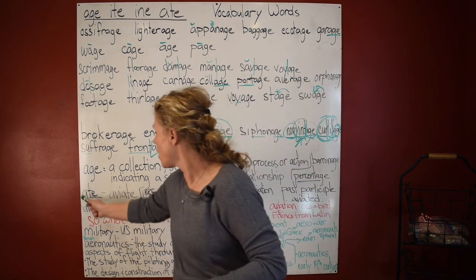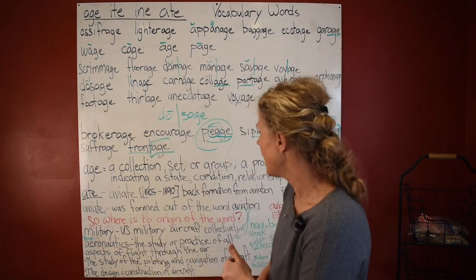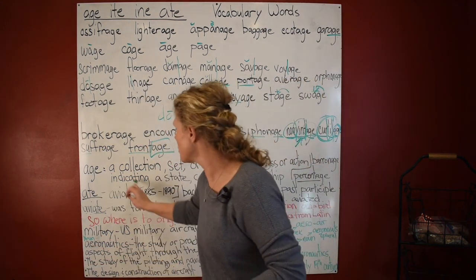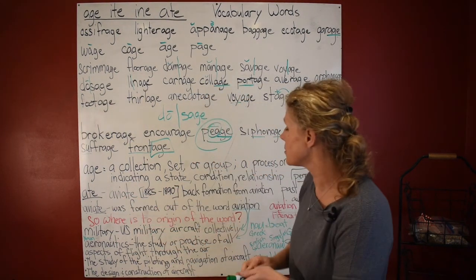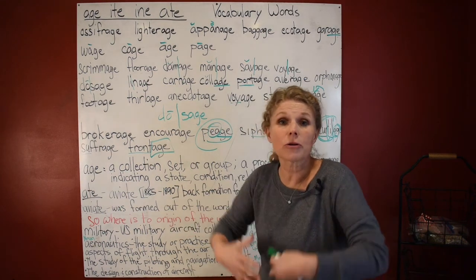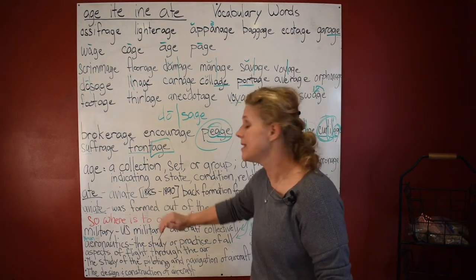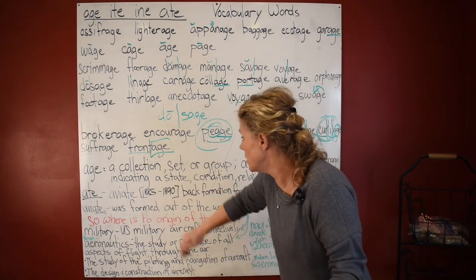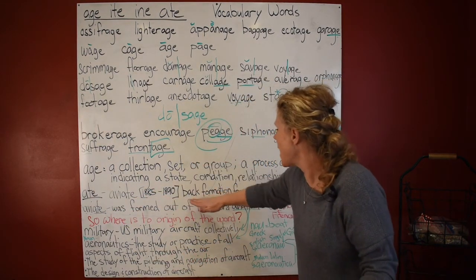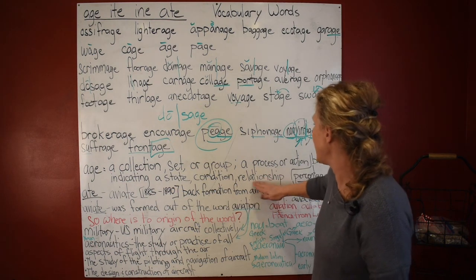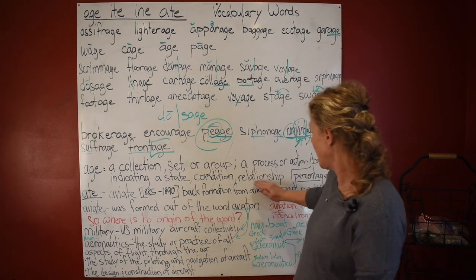So we're going to talk about ATE, and the first word I pulled out is aviate. Now this word came to life between 1885 and 1890. This is where it originated from, and it came as a back formation from aviation.